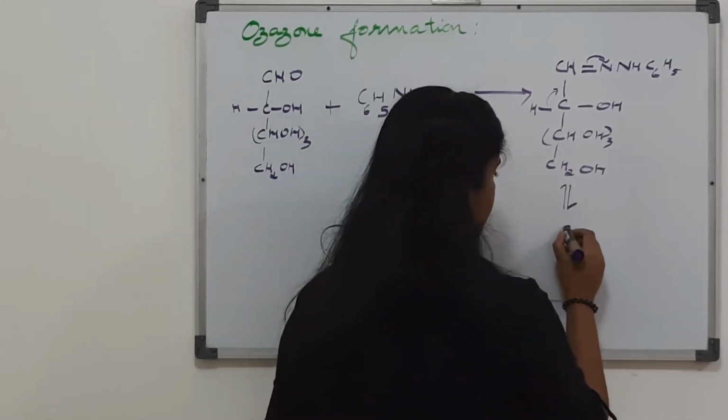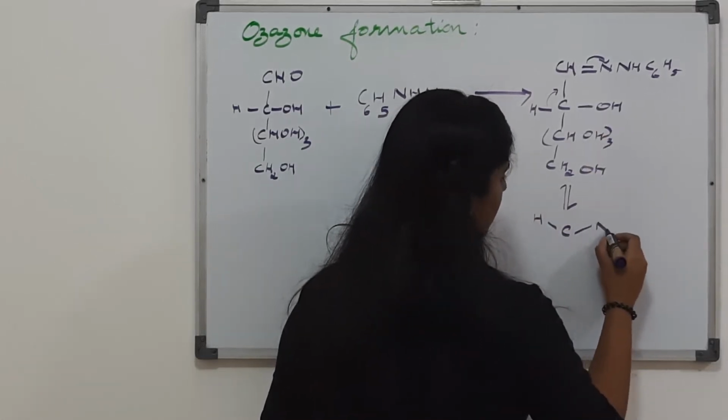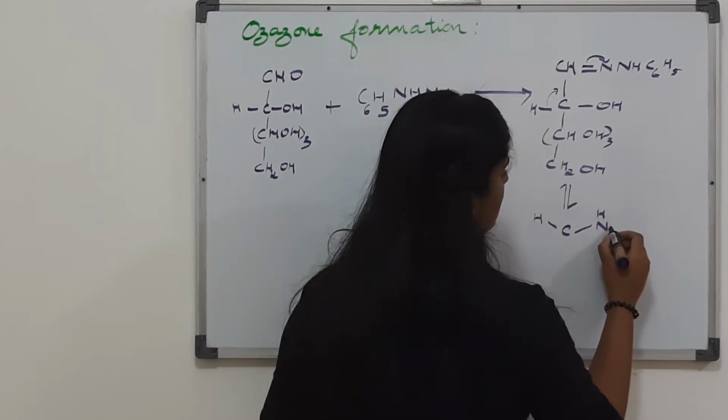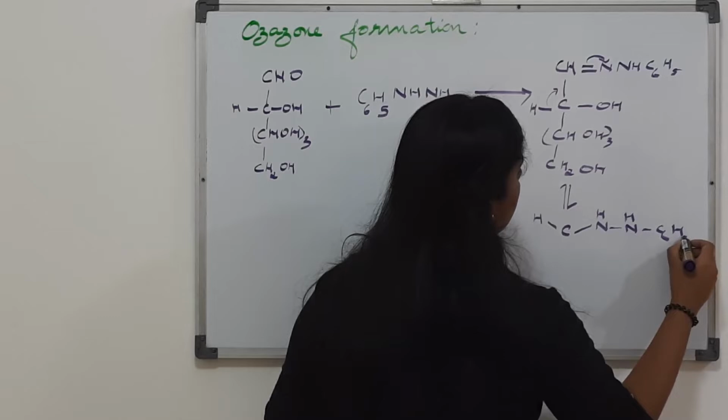So what we get is CH, and on the other side we have NH, NH, C6H5.